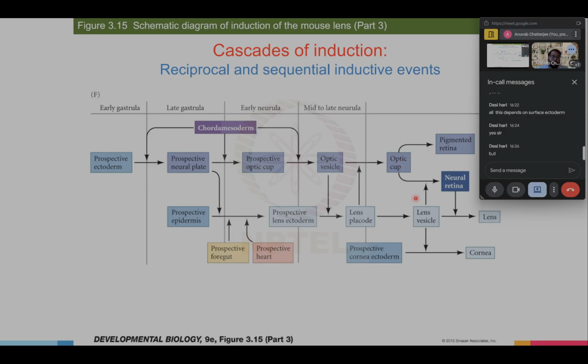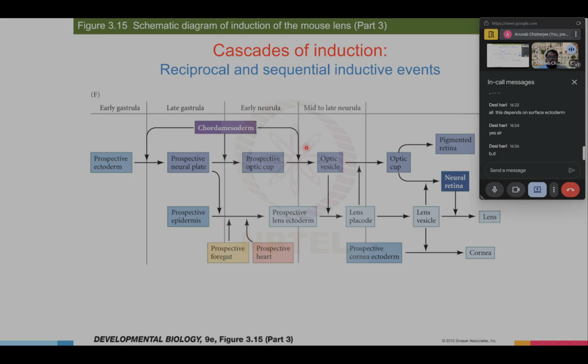Then the lens vesicle throws it towards the optic cup to form the neural retina, which throws it back to form the lens. So it is a sequential manner in which all of this development is occurring, and the position of the inducer and the competent cell layer can change, so it can reciprocate. So the entire cascade of induction is reciprocal and sequential, both of them at the same time.